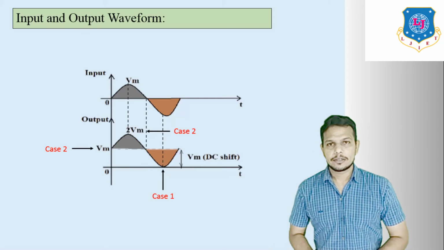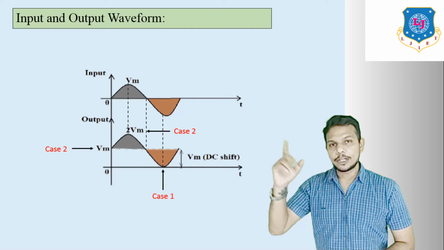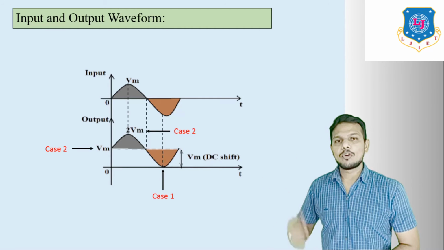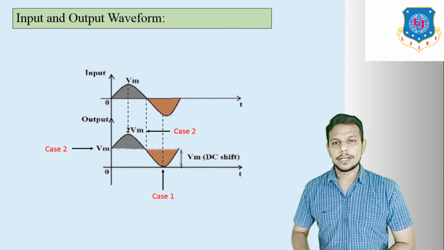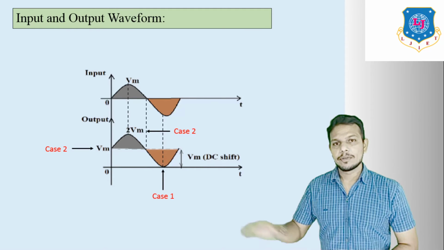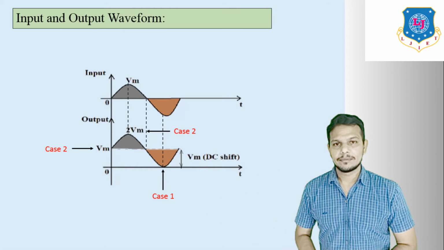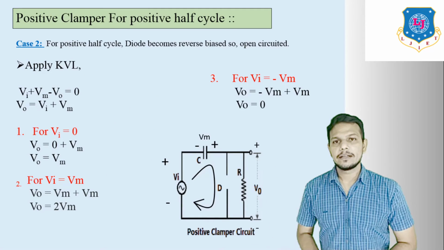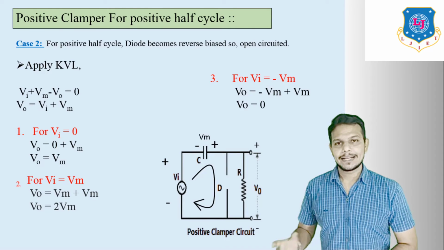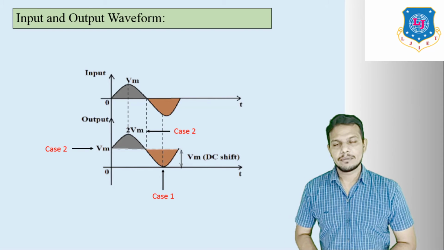So first, we will enter the input value. According to this input, we will get the output voltage. So here, if your Vi is equal to 0, at this time your output voltage is equal to maximum. Like this, in case number 1, Vi is equal to 0, at this time we will find Vo is equal to maximum voltage, Vm.